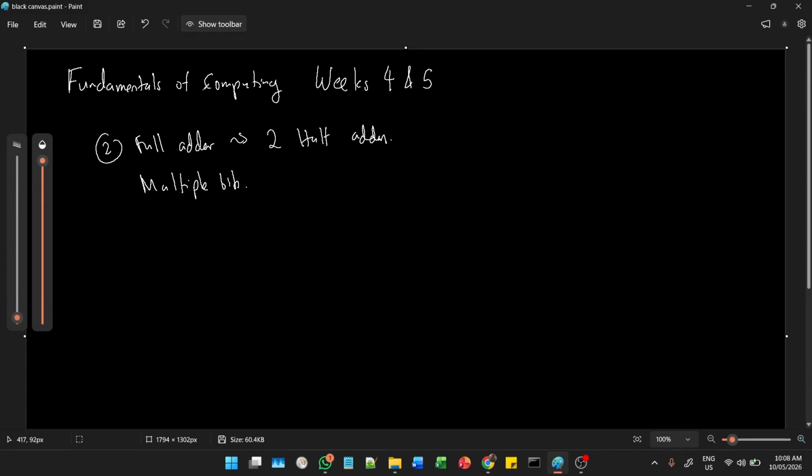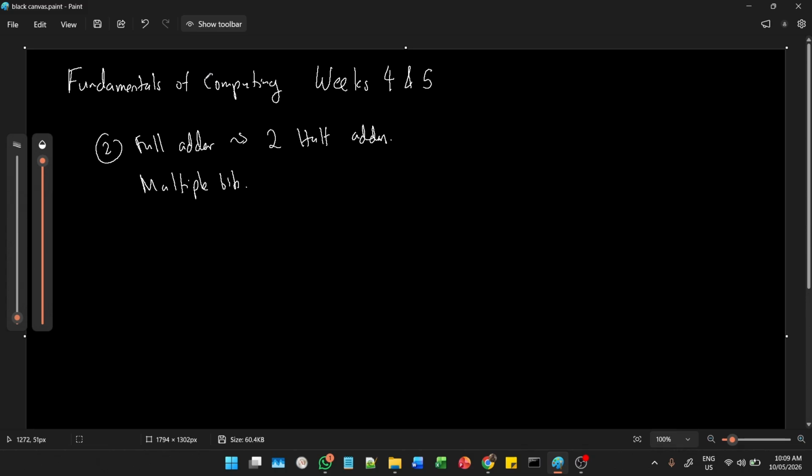So what's the point of adding multiple bits? Well, this is how you do addition, right? What you're looking at is one tiny component of the entire addition process, whereas each adder represents one column.